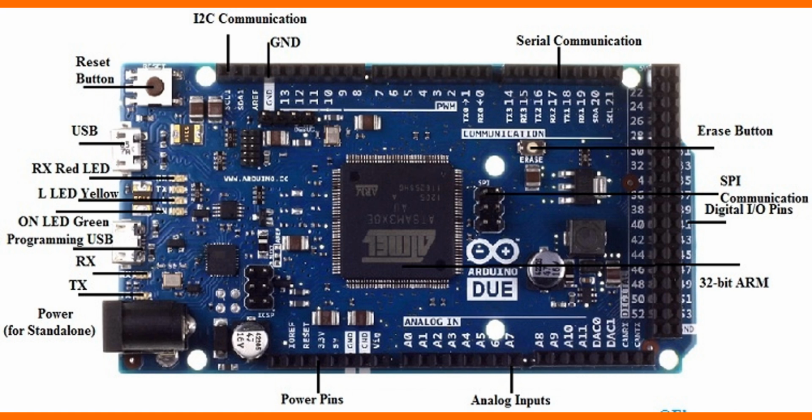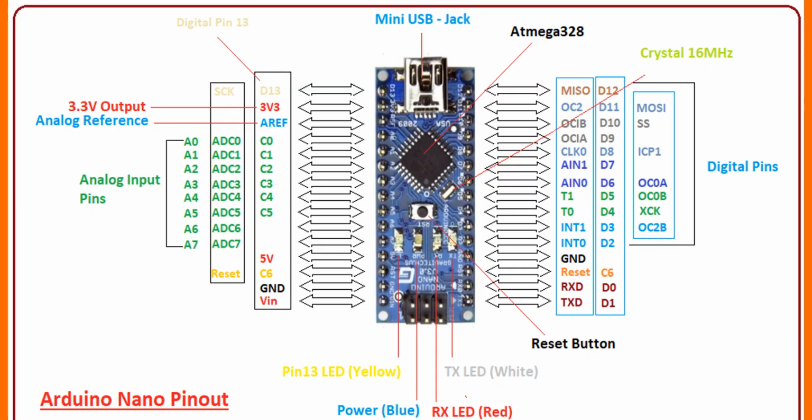Next are the digital pins, used for basic high and low signals. The number of digital pins depends on the board. For example, the Uno and the Nano have 14 digital pins.